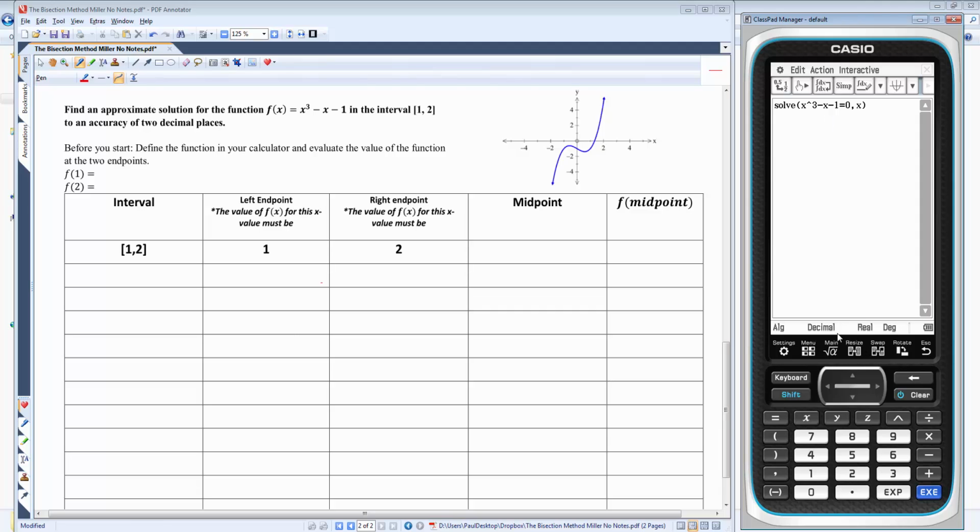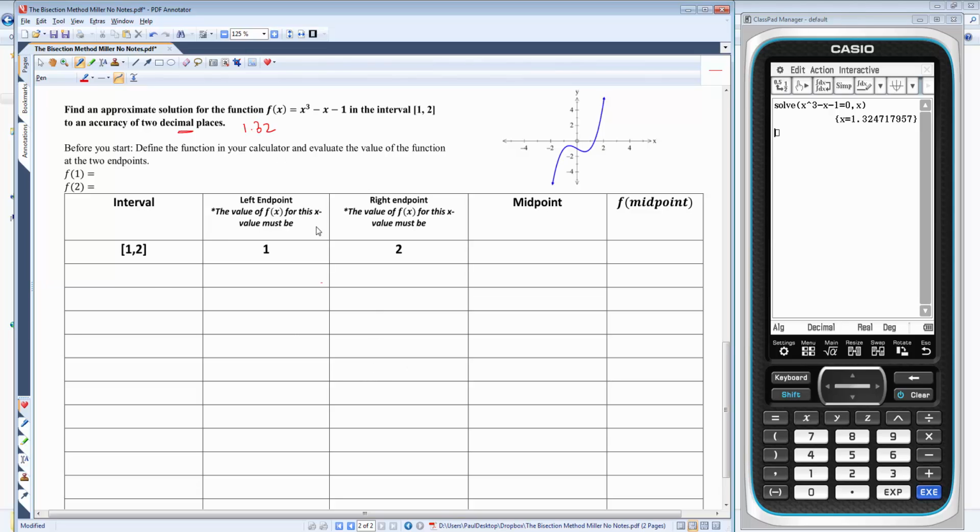And we want to be in decimal mode because we're going to get an approximation of the solution. And of course the approximation is 1.3247 blah blah blah, to 2 decimal places 1.32. So I actually already know the answer. The approximate solution to this with an accuracy of 2 decimal places is 1.32.